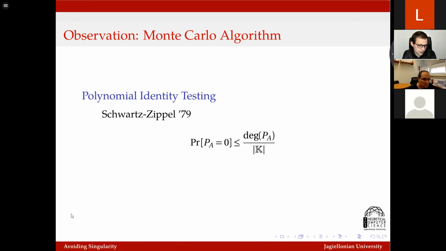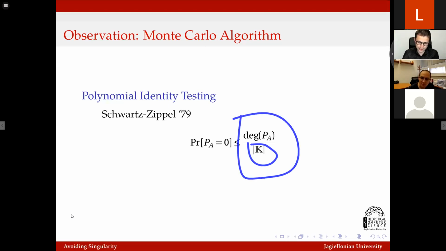Basically, we can use Schwarz-Zippel: if the polynomial is non-zero, and the field is big enough, then we have a fair chance that a random assignment of the values will give us a non-zero value of the polynomial.